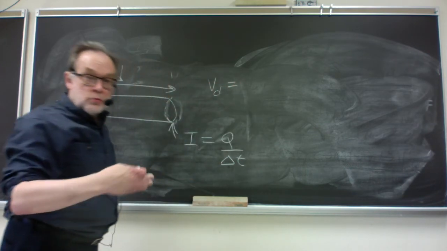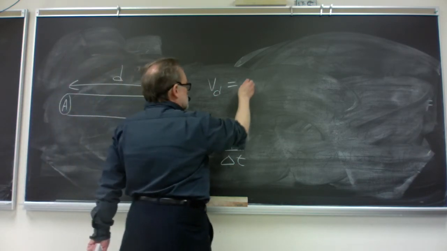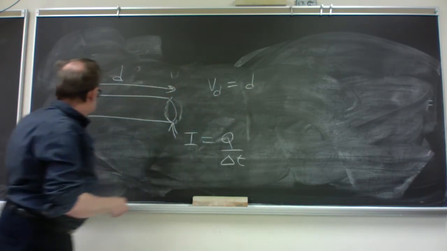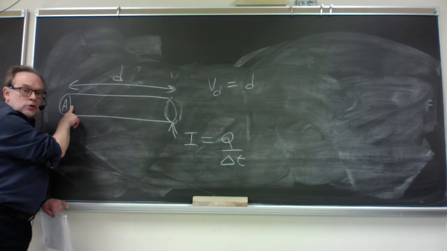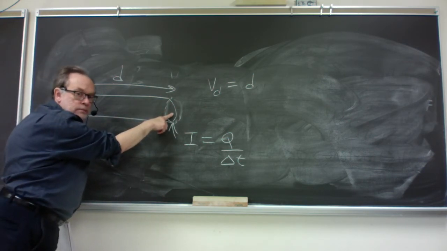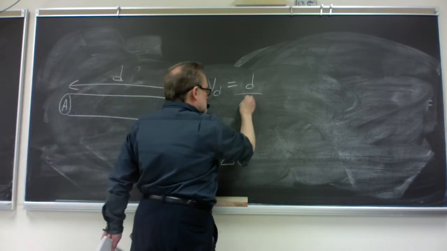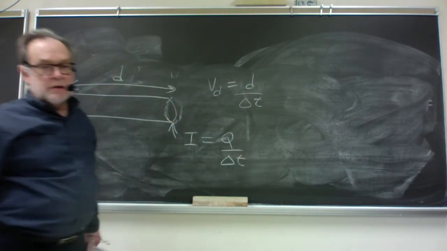Those charges are all moving at the drift velocity, of course. So if a particle here moves at the drift velocity and gets to here after delta t seconds, then the drift velocity is just that distance d divided by delta t.